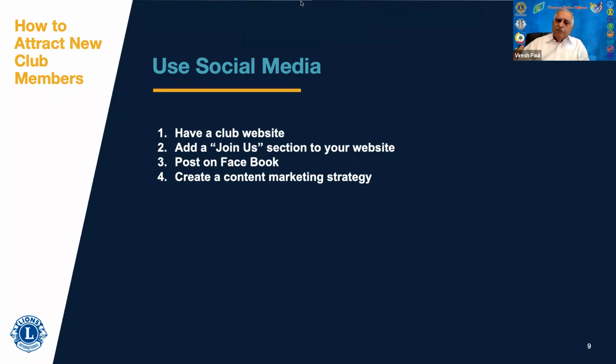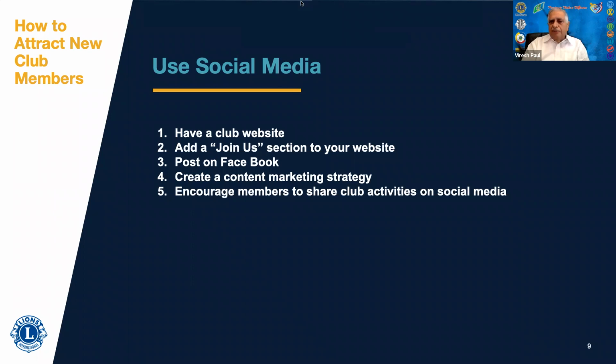Start asking your members to promote what you do. Have a regular post on Facebook, so that people who are on Facebook, and there are plenty of them, will hear about your club and what you're doing. So encourage your members to share on social media.